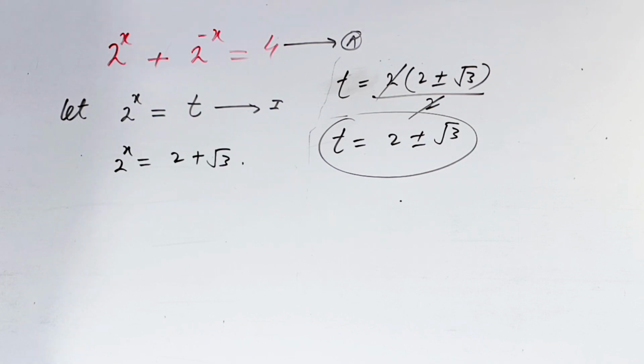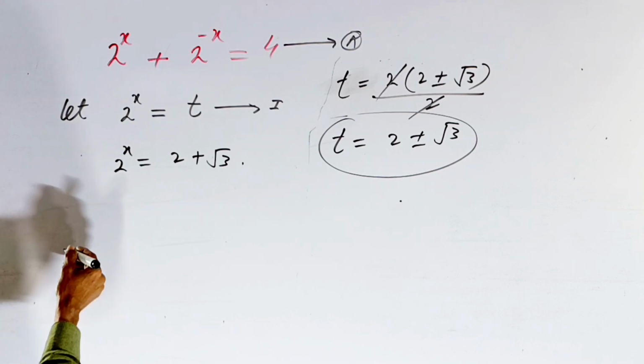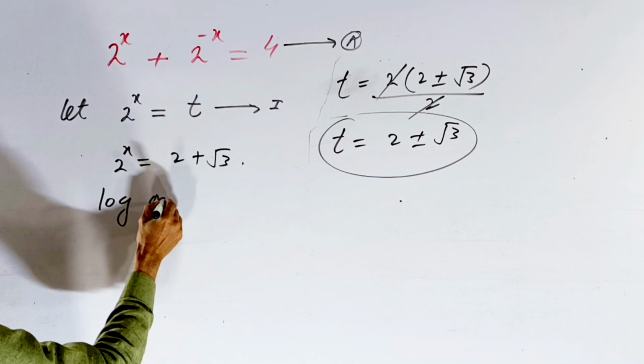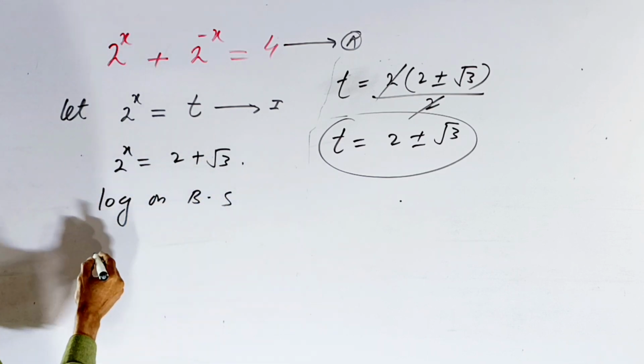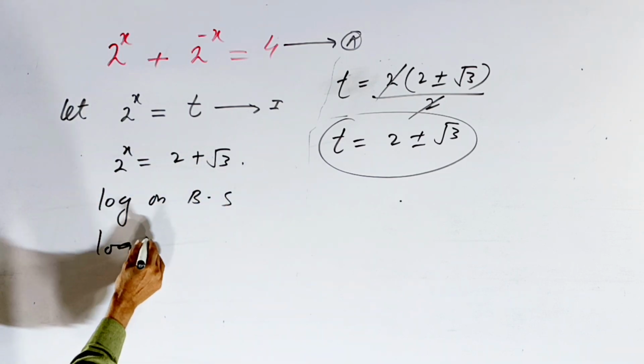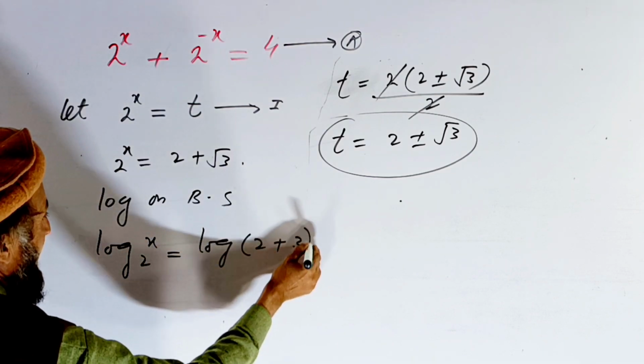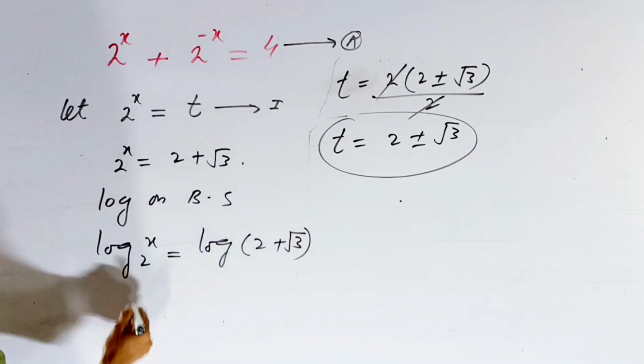Again, x is the problem here, so we are required to take log on both sides of this equation. So log of 2^x = log of (2 + √3).